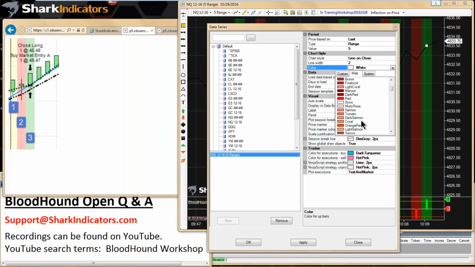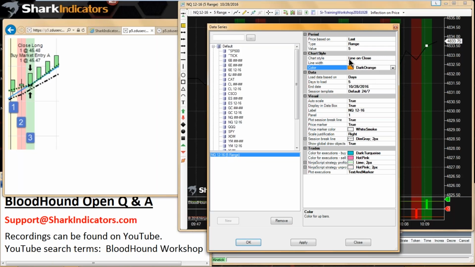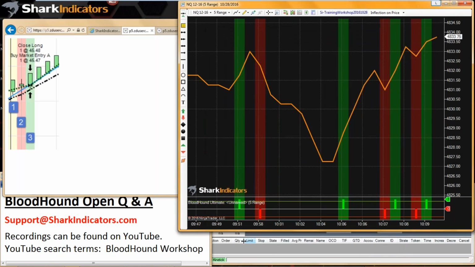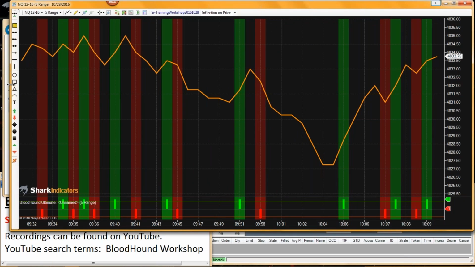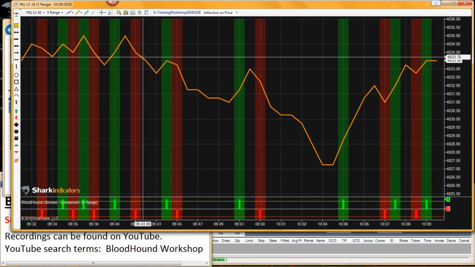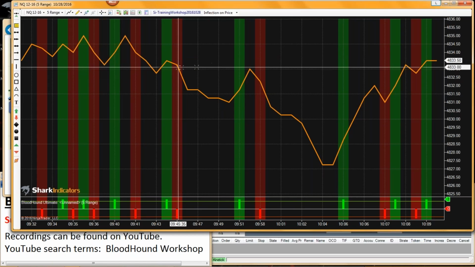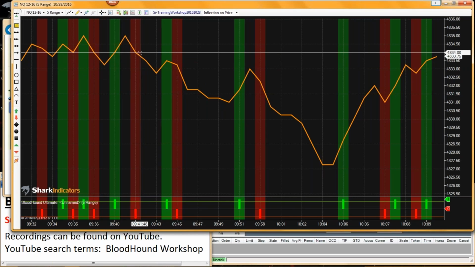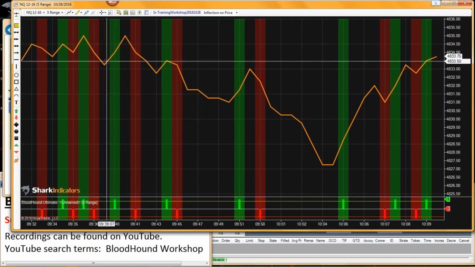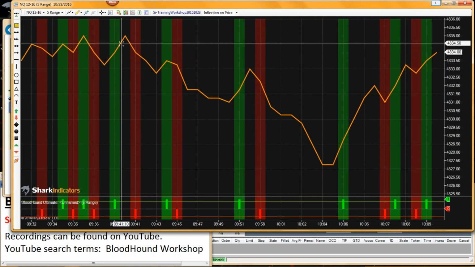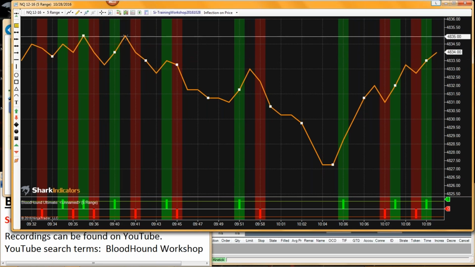Actually, I better keep it orange. All right, so again, what I've done here is I'm using line on close. Now you can actually see what the inflection solver is looking at, because now the price looks like a plot. So now it's going to make more sense.